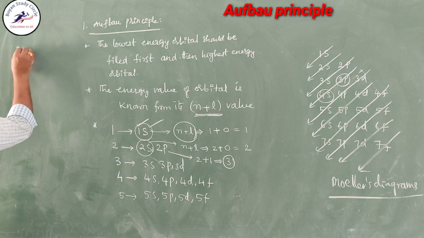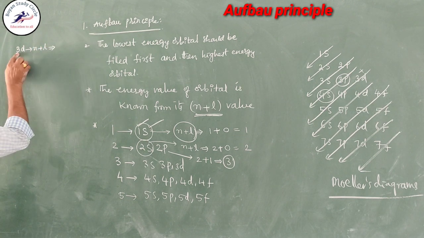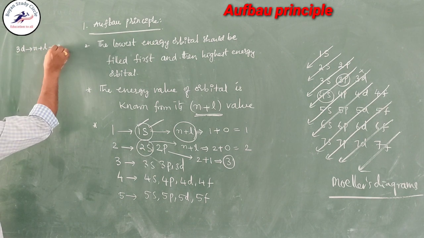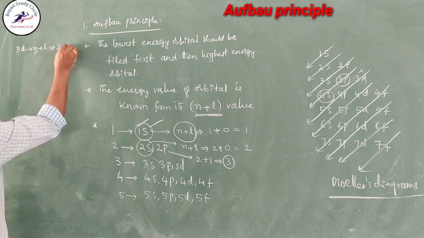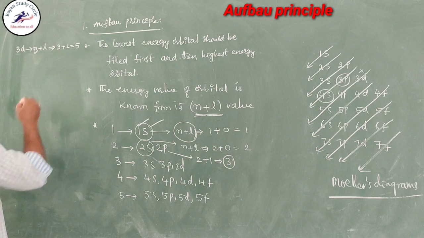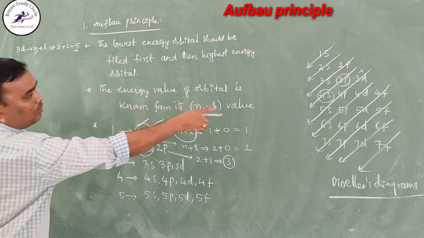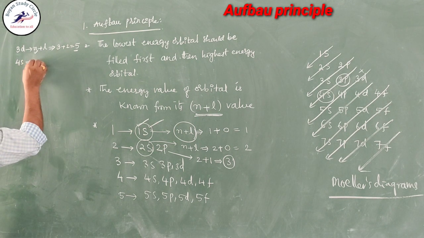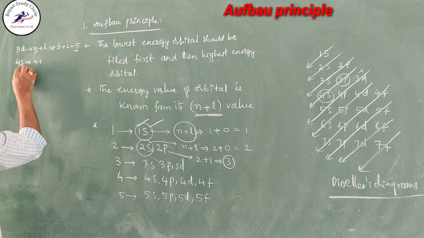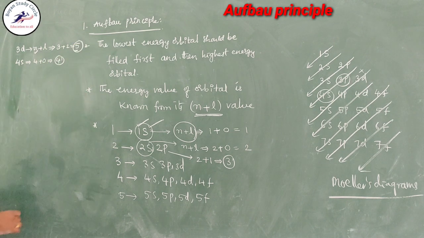For example, for 3d, what is the n plus L value? Here 3 indicates the principal quantum number, n value, and for d, L value is 2, that means 5. Its energy value is 5. And for 4s orbital, n value is 4 and for s L value is 0, that means 4, right.